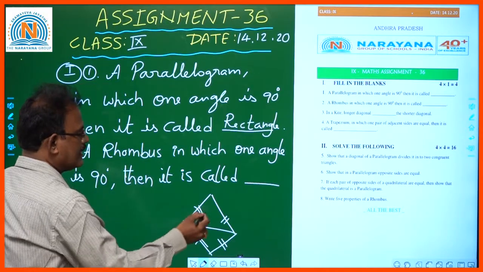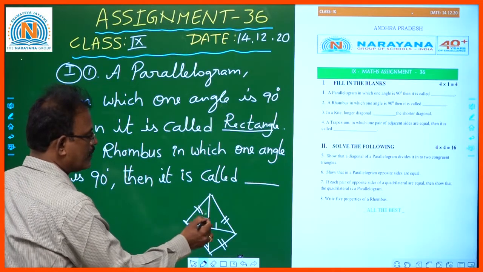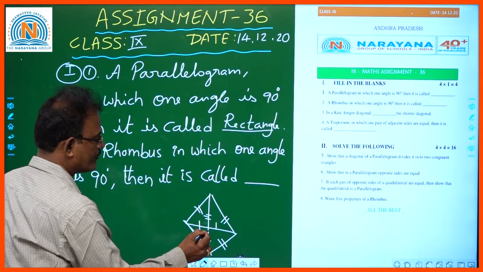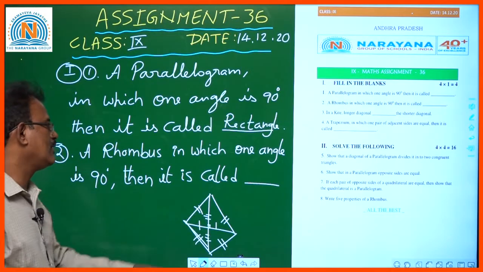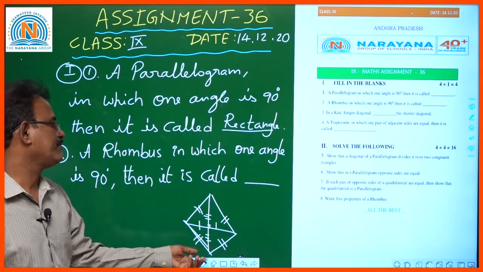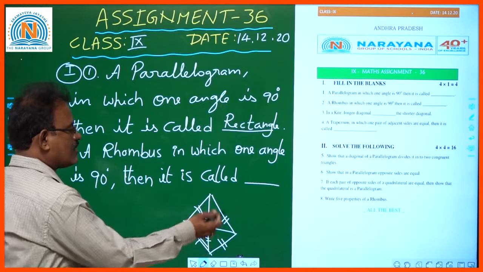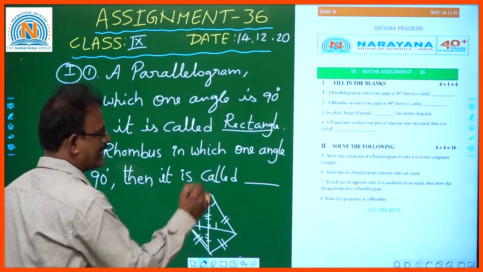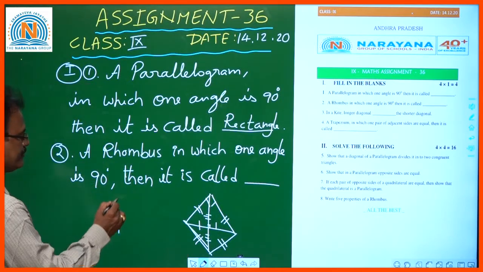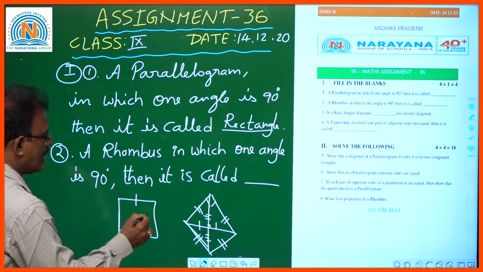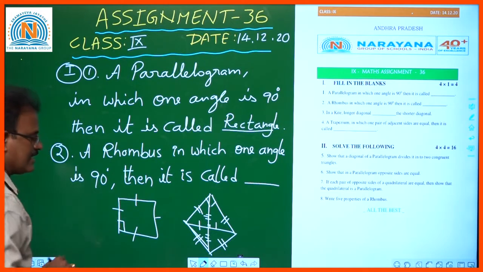and diagonals perpendicularly bisect each other. It is 90 degrees. Okay. So as all sides are equal, if one angle is 90 degrees, what happened? All sides are equal, one angle is 90 degrees.